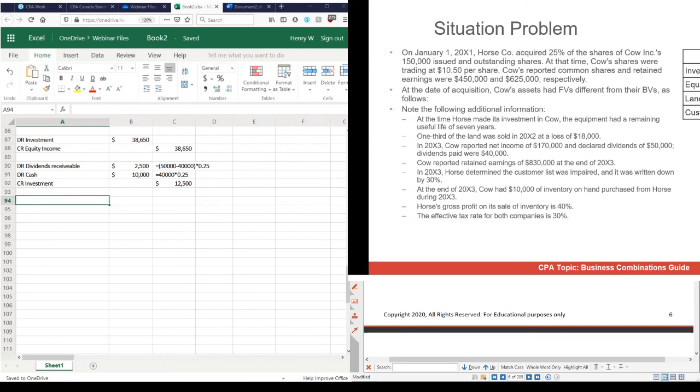Okay, and then the last one, we're going to go through the balance of the investment account at 20x3. So that's the next part of the question.